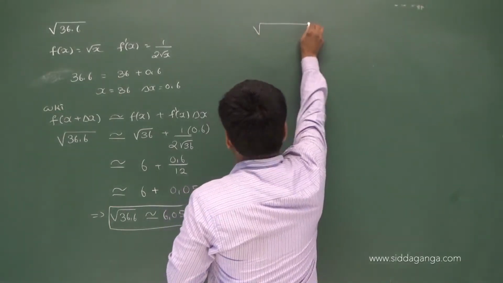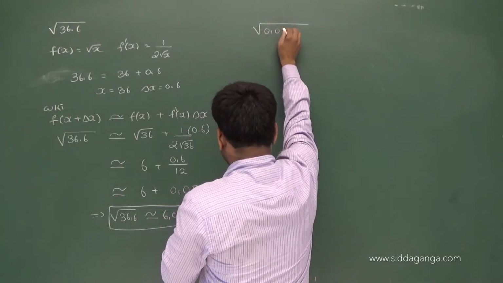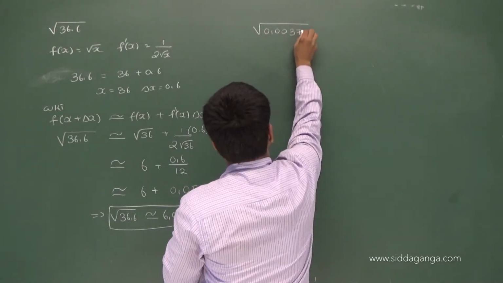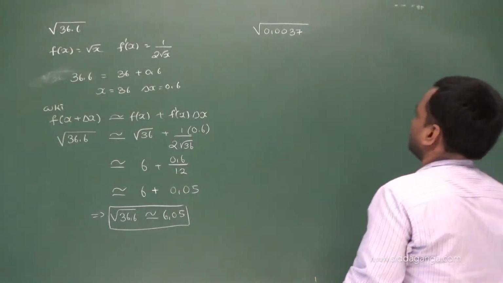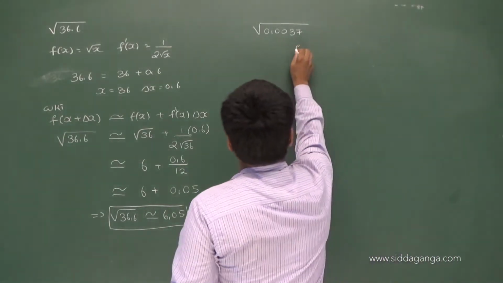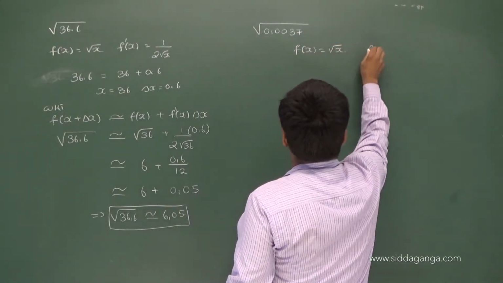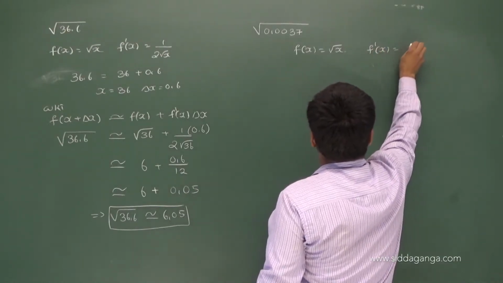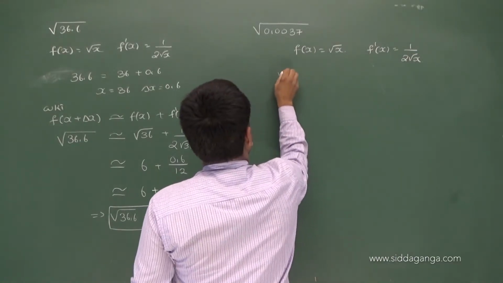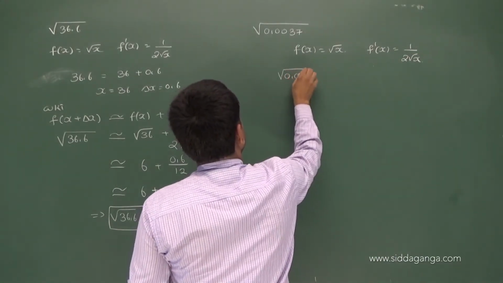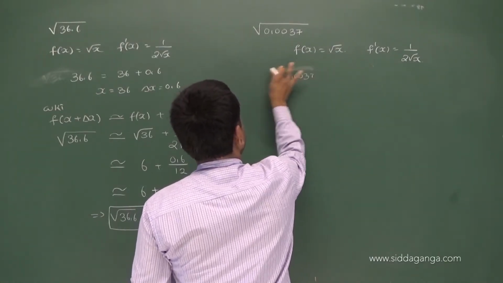Square root of 0.0037. Same. f of x is equal to root x, f dash of x is equal to 1 by 2 root x. Square root of 0.0037. First we split the number, don't write directly.